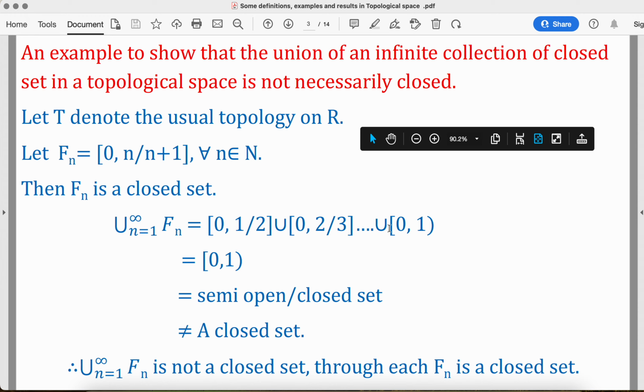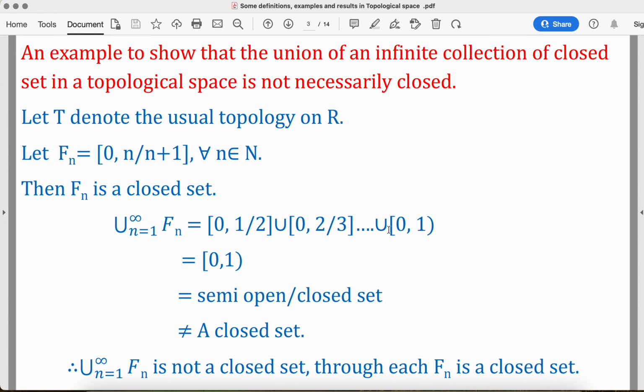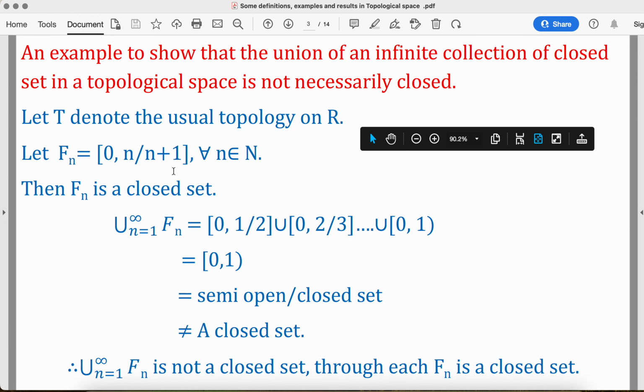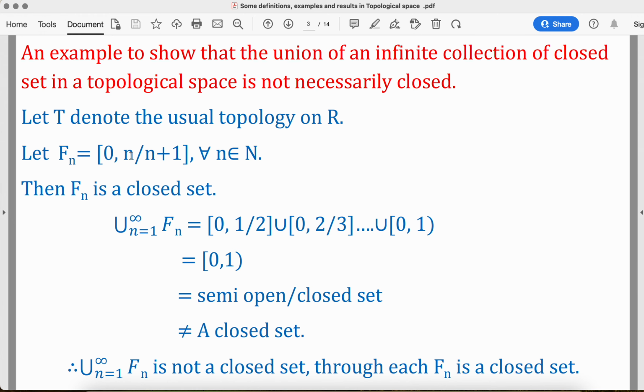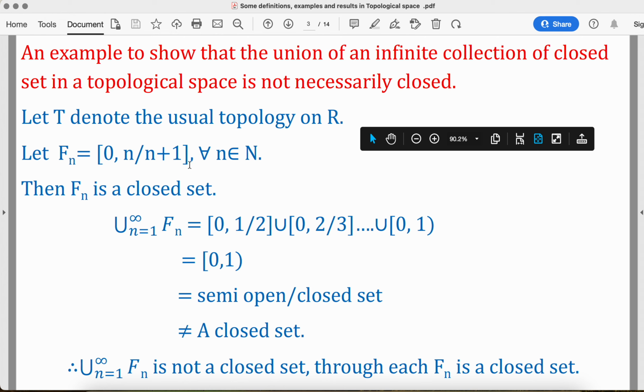And similarly, if n tends to infinity, if you divide numerator and denominator by n, it is 1 upon 1 plus 1 upon n. So as n tends to infinity, it will be nearly 1, but not exactly 1.